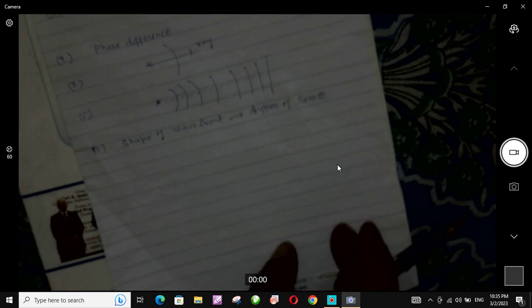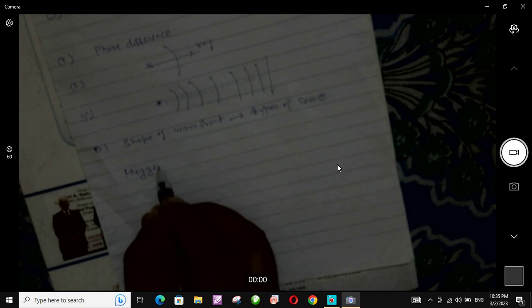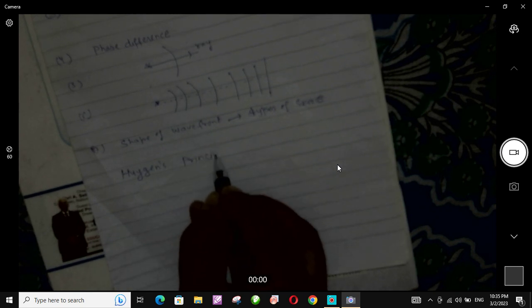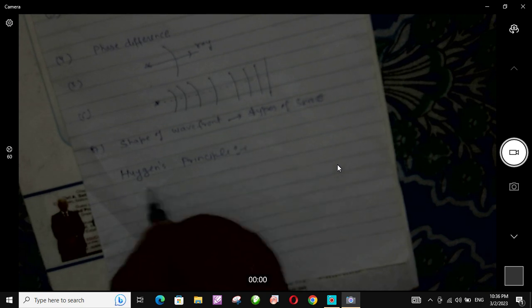Next, we will study about Huygens principle. So we have already talked about different theories put forward by various scientists.